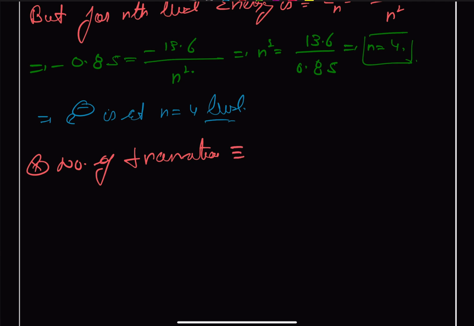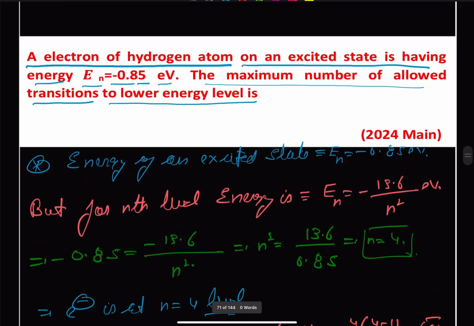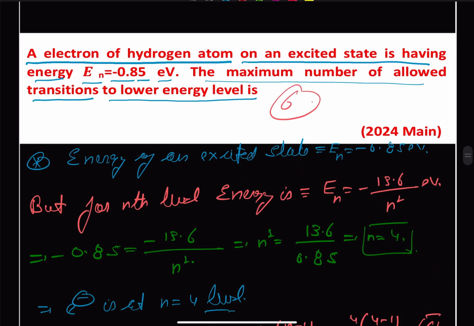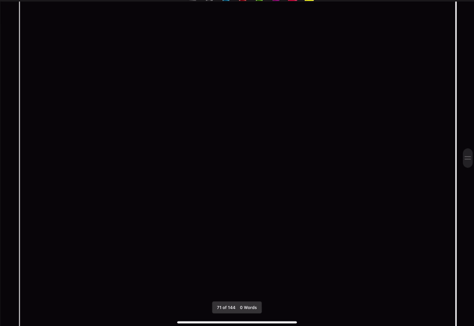Or we can say this will be equal to n into (n minus 1) divided by 2, which comes as 4 into 3 divided by 2, which is equal to 6. So number of transitions is 6. Next question.